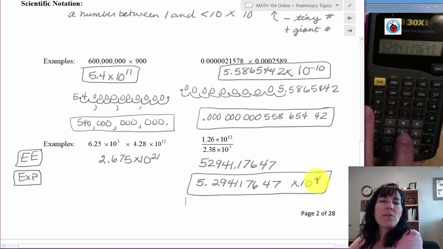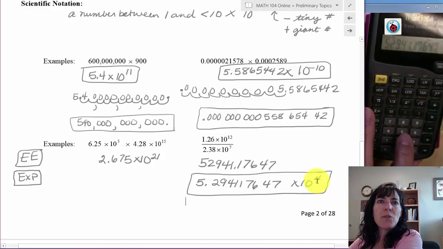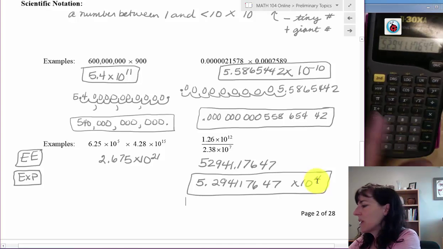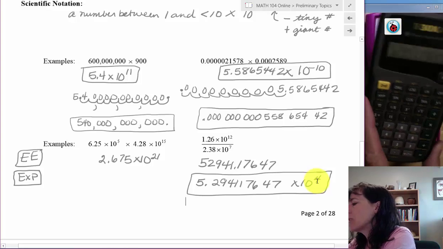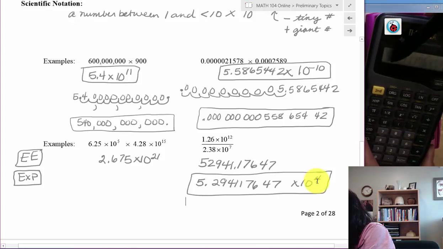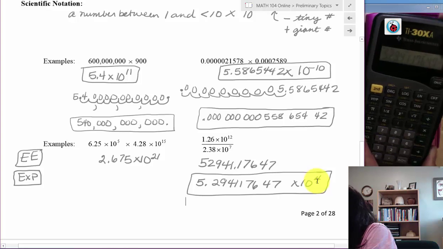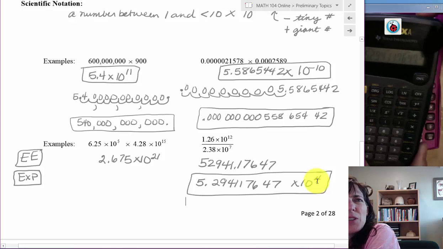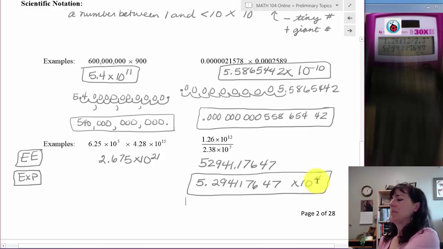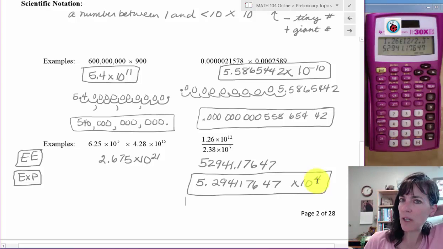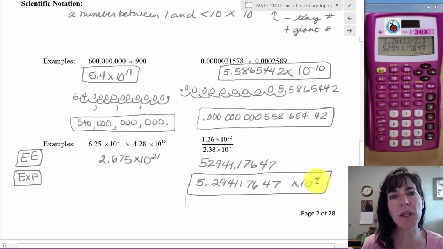And here above the 5, you can see it says scientific. So I'll do second scientific, and it converted it for me, 5.29411, etc., times 10 to the fourth. Okay. So that'll give you an idea. On a couple calculators, yours might be a little different, but at least you know kind of what to look for now.